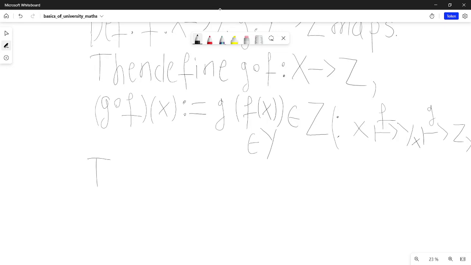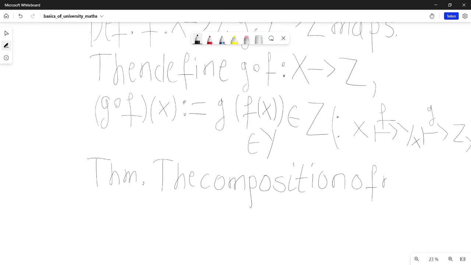Theorem: the composition of maps is associative. And we are already masters in associativity. We have seen it two times, so we know what is meant, but if not, we'll see in a second.